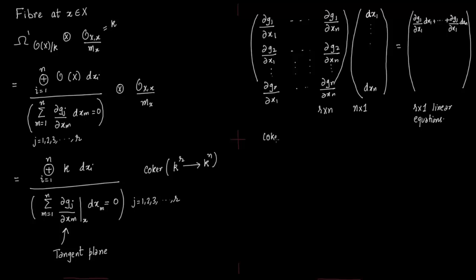So what we are trying to say is the co-kernel of this map from k^r to k^n, and we have the dual of this map, the kernel. So we have the kernel and its dual co-kernel, or the co-kernel and its dual kernel. The kernel is nothing but the Zariski tangent space of X at the point x.